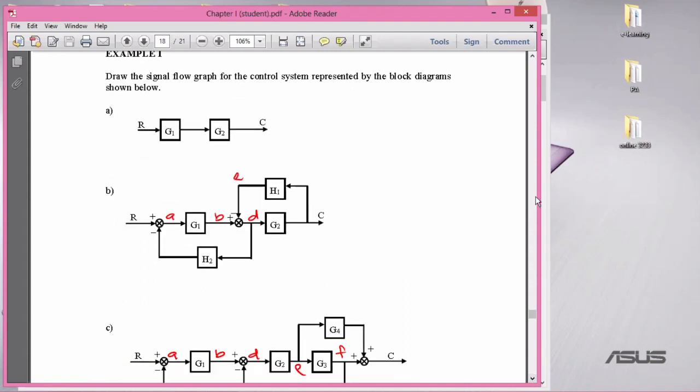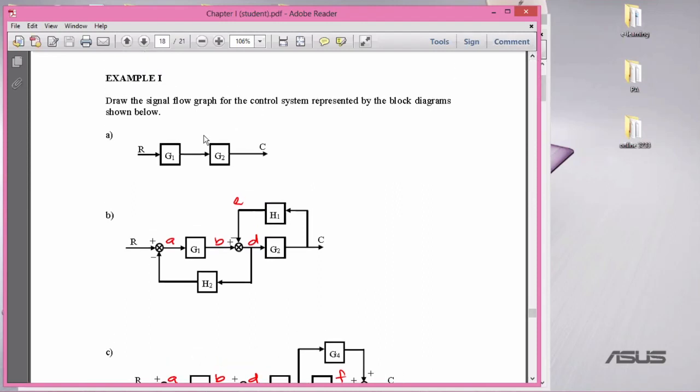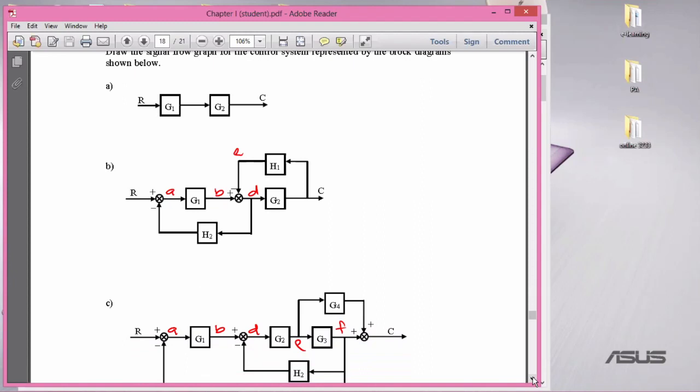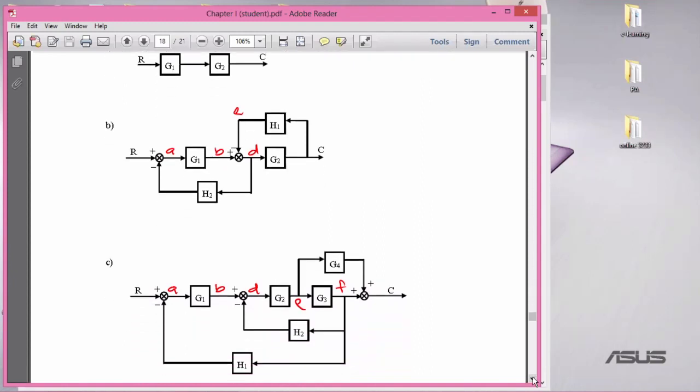Okay, let's see. We have some examples here. Draw the signal flow graph of the following control systems, A, B, and C. Can you transform this block diagram into a signal flow graph?